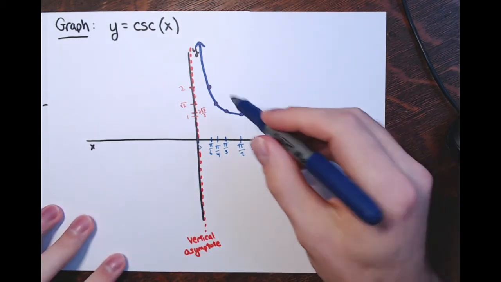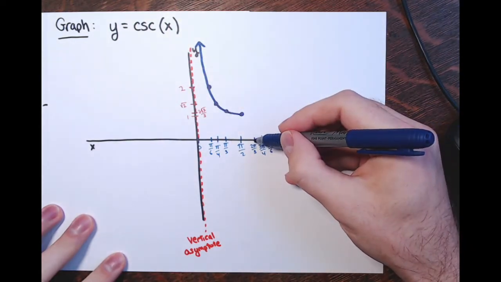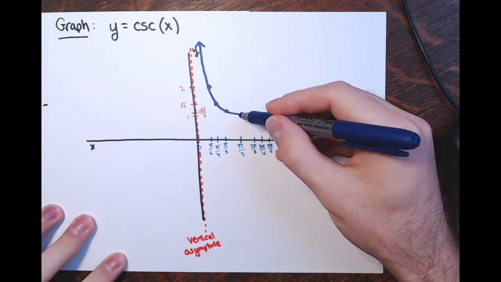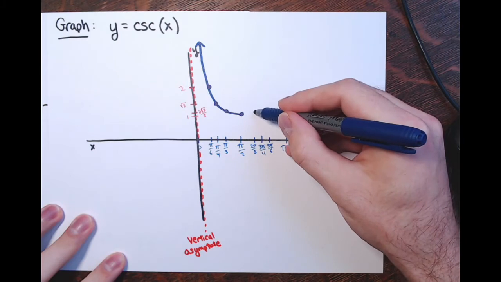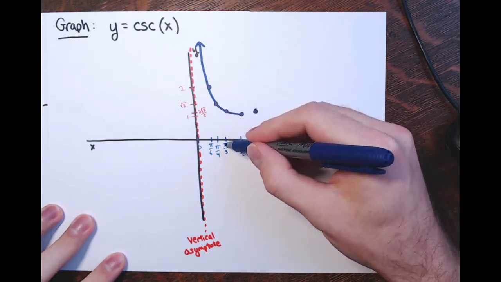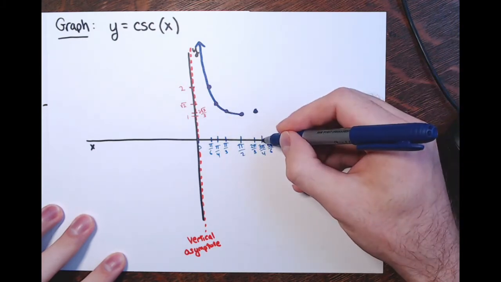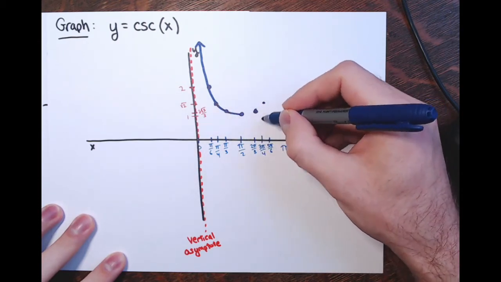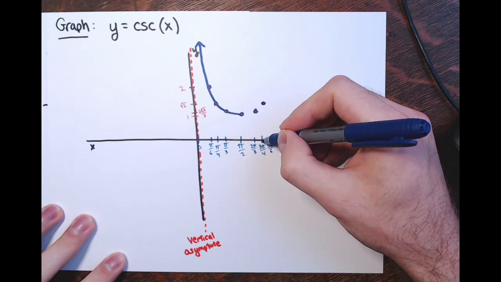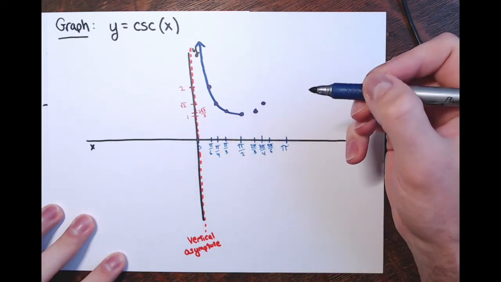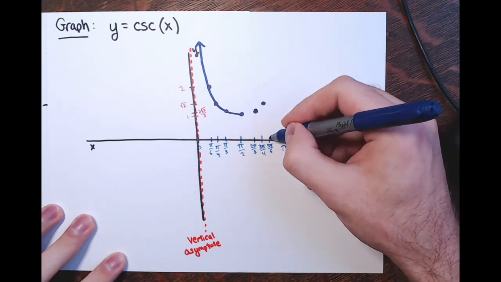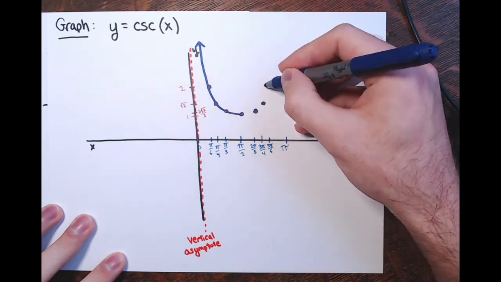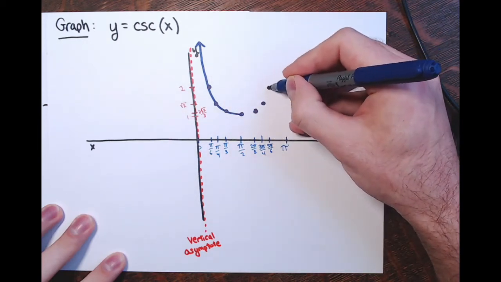So the cosecant of 2 pi over 3 would just be 2 root 3 over 3, in line with pi over 3. The cosecant of 3 pi over 4 would be the square root of 2, because it has a reference angle of pi over 4. The cosecant of 5 pi over 6 would be 2, with a reference angle of pi over 6.